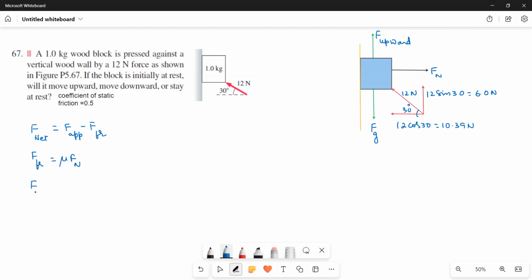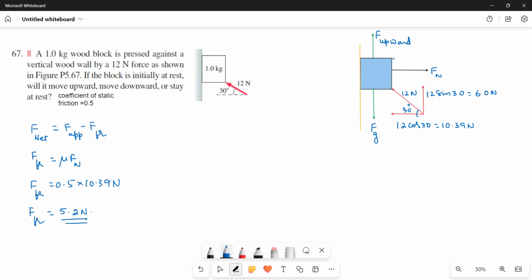So F friction is equal to 0.5 times Fn, 10.39. Fn acts in this direction, and the x component of the applied force acts in this direction, so they both balance each other. Therefore, Fn is equal to 10.39 newtons, and F friction is equal to 5.2 newtons.